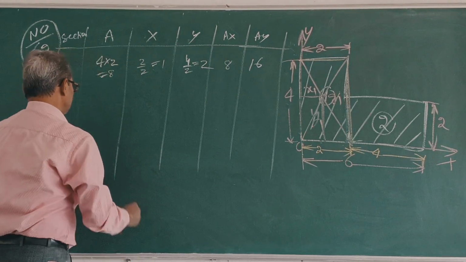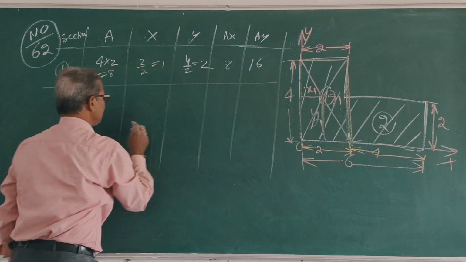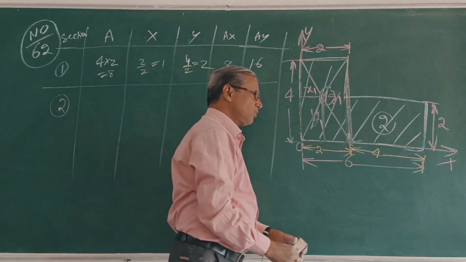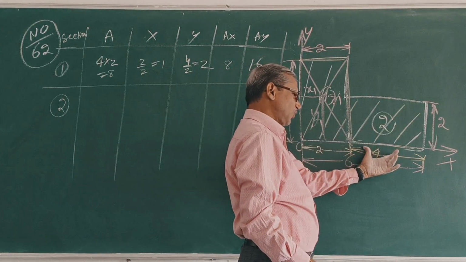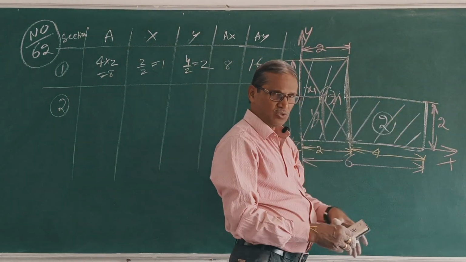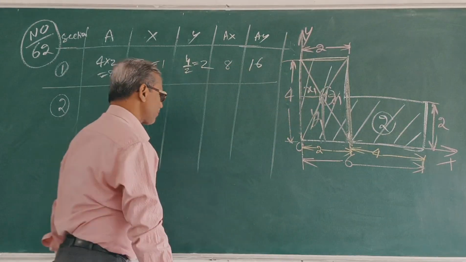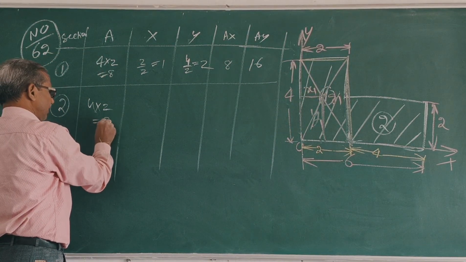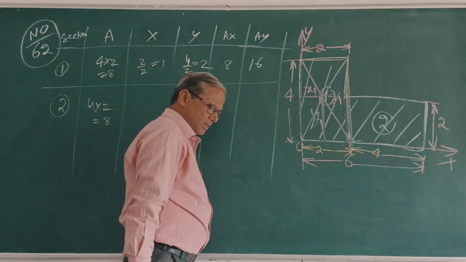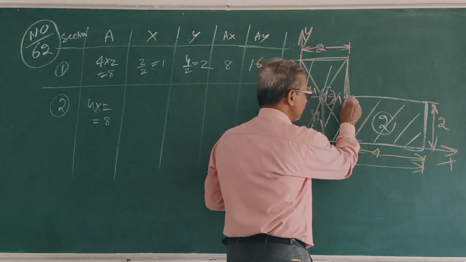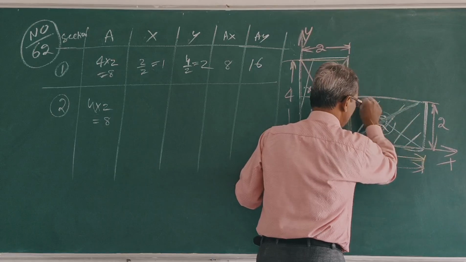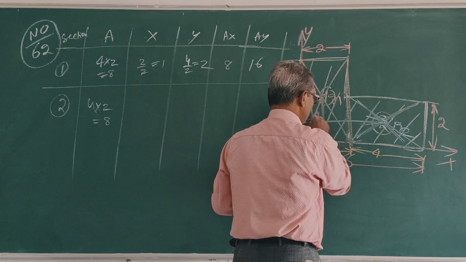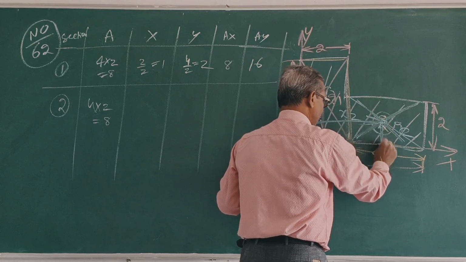Similarly, section 2. What is the length? 4. Breadth 2. What is the area? 4 into 2, which is 8. This is G2, so this is x2, this is y2.